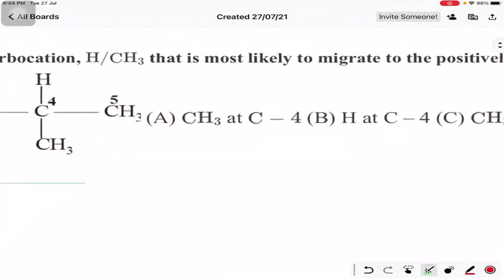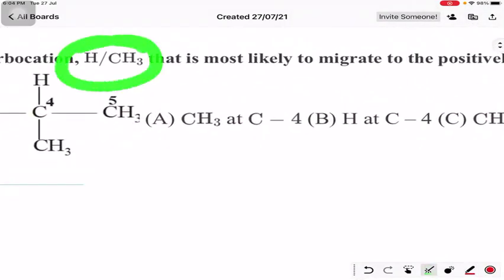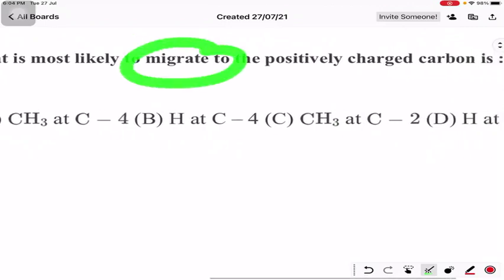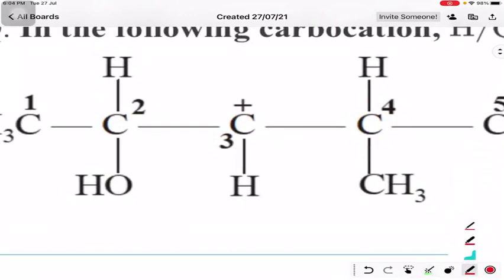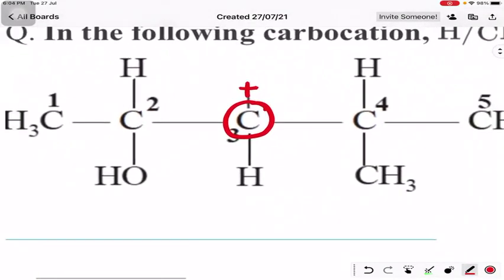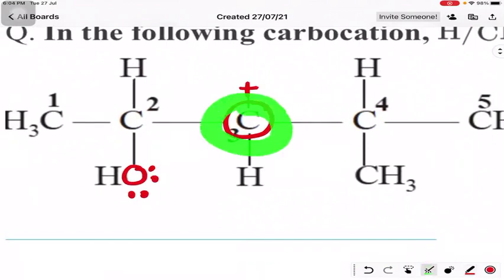Next is migration effect. Out of methyl and hydrogen, which will migrate to the positively charged carbon? So we have positive charge at carbon number 3. Always remember that if you have an oxygen atom with lone pair or a nitrogen atom with lone pair on the neighboring side of this carbocation, always that group only migrates.